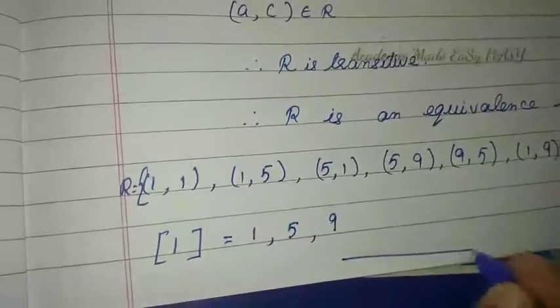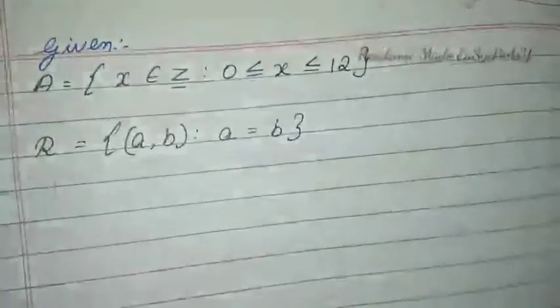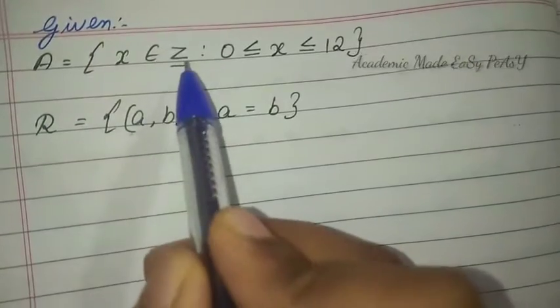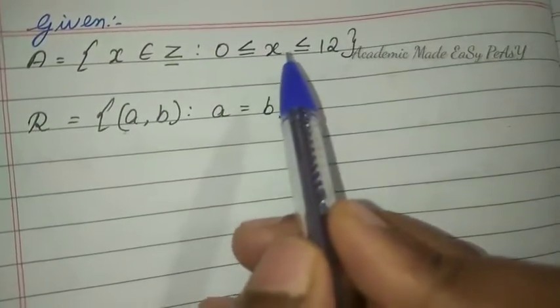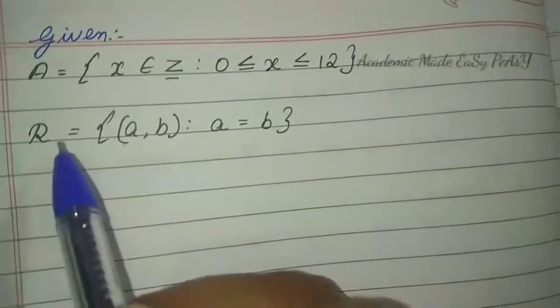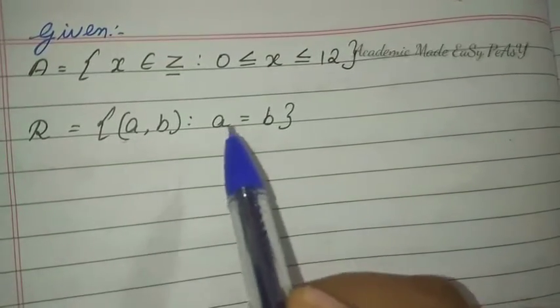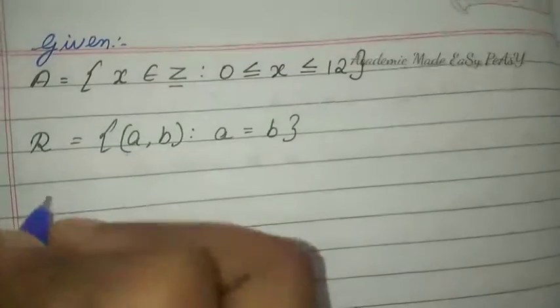So the first part gets over. Given A is equal to {X belongs to integers: 0 less than or equal to X less than or equal to 2}, and R is given as {(A, B) such that A is equal to B}.